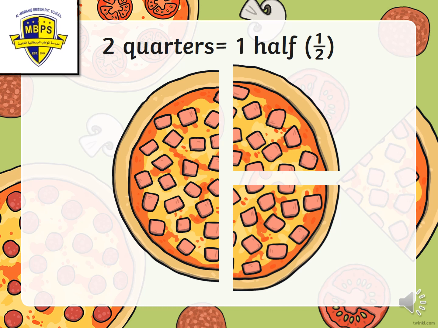So 2 out of 4 is equal to 1 out of 2. 2/4 equals 1/2. You can see I hide 1/2 and there are 2/4 left. So the 2/4 and the 1/2 are equal.